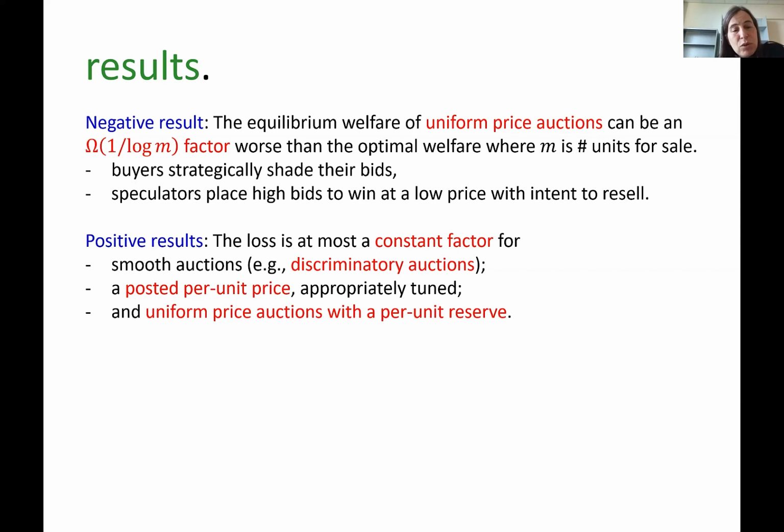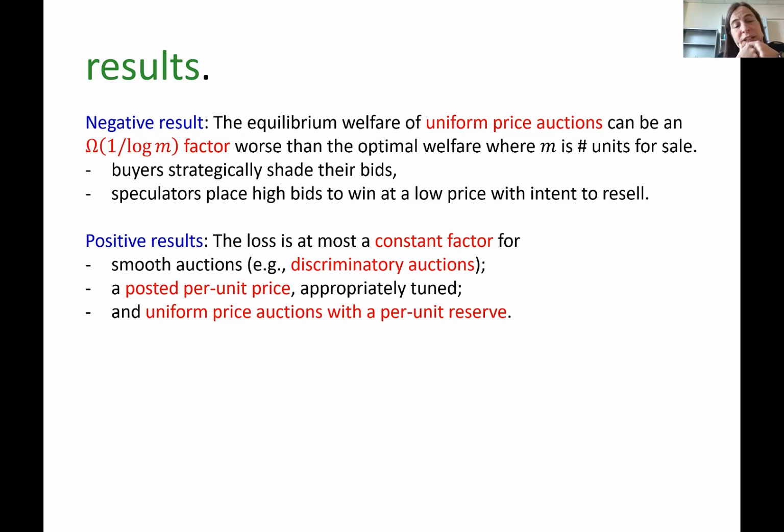I'll also show you that if the primary auction, the mechanism that the government runs, is to simply post a price per unit and sell up to M units at that posted price, then so long as this price is appropriately tuned, satisfying in particular a condition called balancedness, which I'll define later, then again, the loss due to this combined market is at most a constant factor.